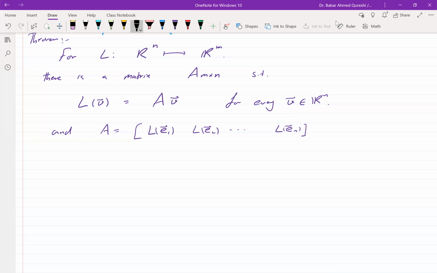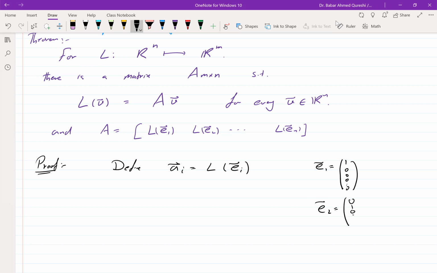So how do we see it? Let's start by defining the ith vector A_i as the linear transformation of the ith standard basis vector. Just for reminder, these are these guys: at the ith place you have a 1 and all the rest are 0.